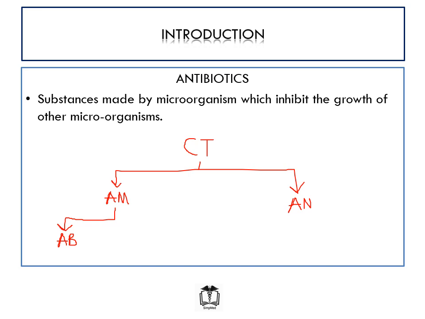Other type of antimicrobial agent we have are the synthetic agents. So synthetic agents are agents that are purely made from the lab. So we're not getting them from a microorganism, we're synthesizing them directly from the lab. So we are not going to call these substances antibiotics. Antibiotics are the ones gotten from microorganisms. And we have the semi-synthetic antimicrobial agents.